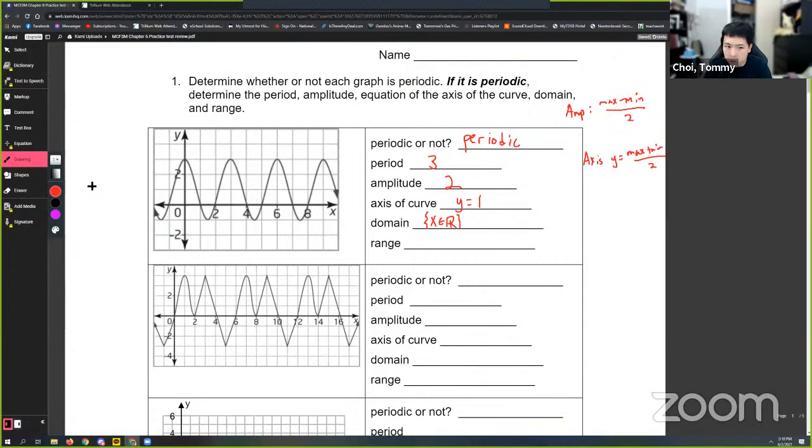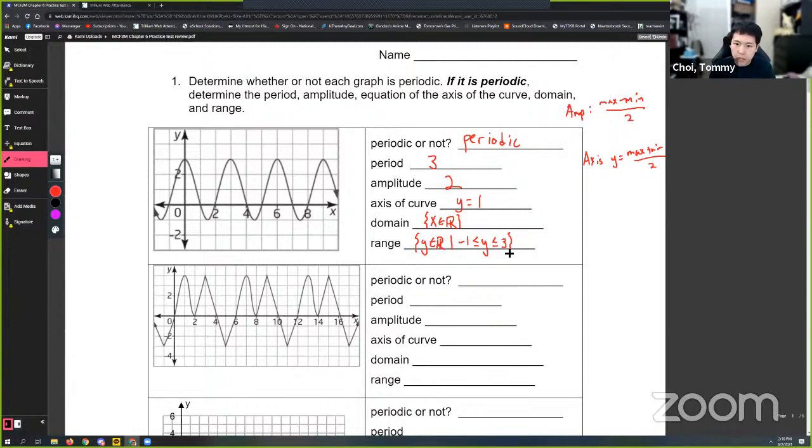If you see those arrows, it goes infinitely both ways. So domain is x ∈ ℝ. The range, once again, is going to be minimum is less than or equal to y, which is less than or equal to the maximum. So -1 is less than or equal to y, which is less than or equal to 3. And that would be our range here.